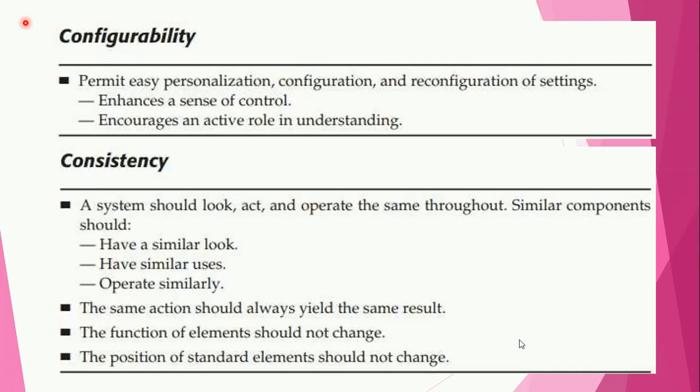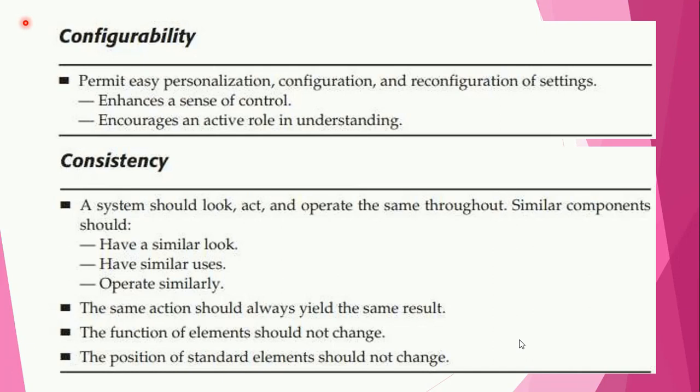So suppose there is inconsistency, the user's thinking time may be doubled. Suppose the position of the screen elements or titles or the field captions, or the menu screens, is being changed.